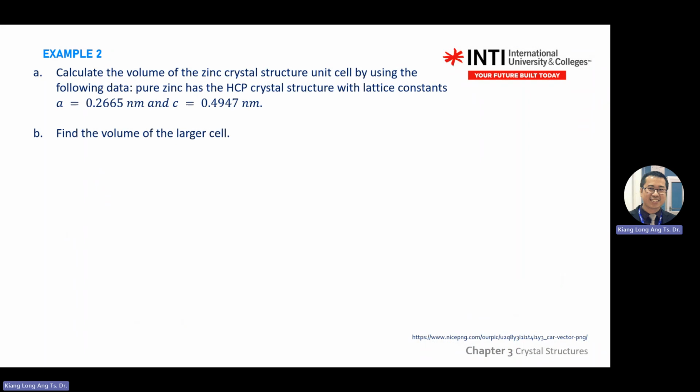Okay, example 2. Calculate the volume of the zinc crystal structure unit cell by using the following data. He asks you the volume of a zinc crystal structure unit cell.